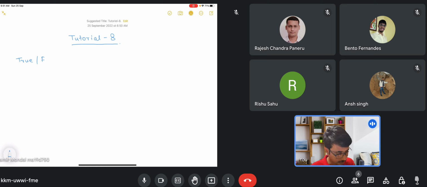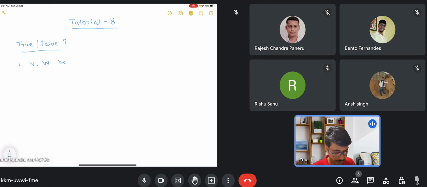You have two vector spaces, V and W, and you have one linear transformation T from V to W.